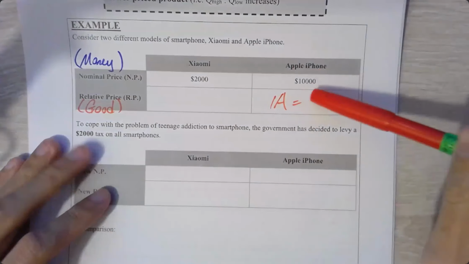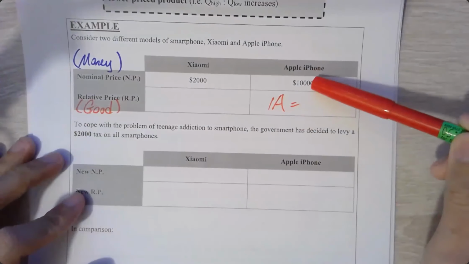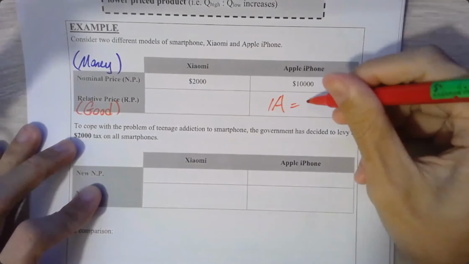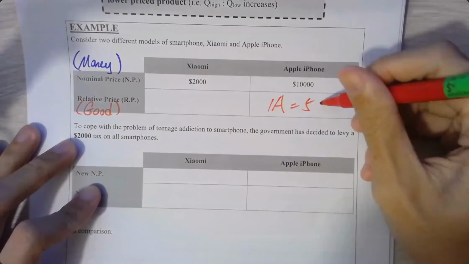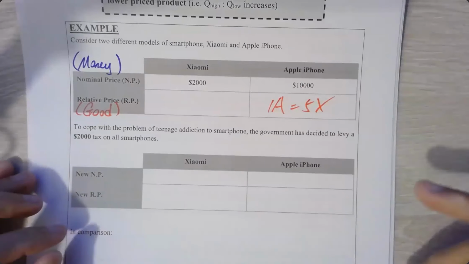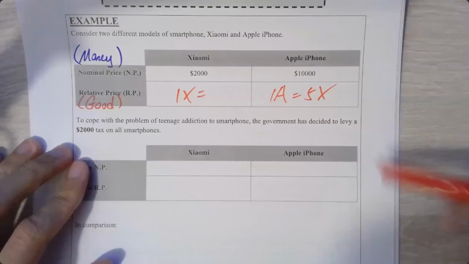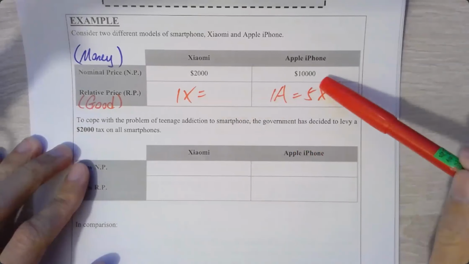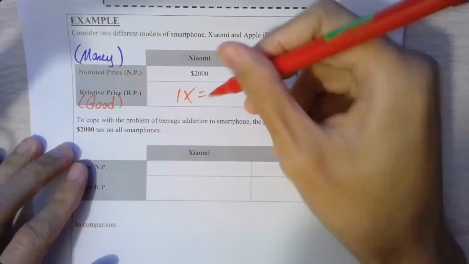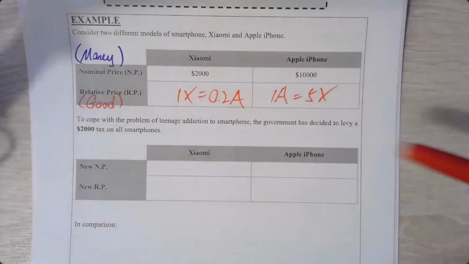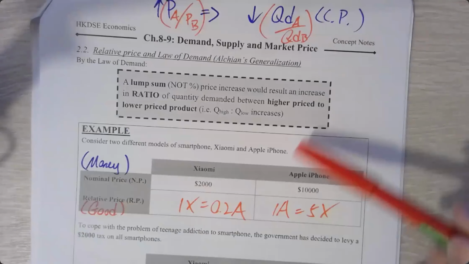The price of one Apple, with the same money, you can buy 5 Xiaomi phones. So the relative price of one Apple is 5 Xiaomi. Versus one Xiaomi, whose price is only enough to buy 0.2 Apple. So this is the relative price.